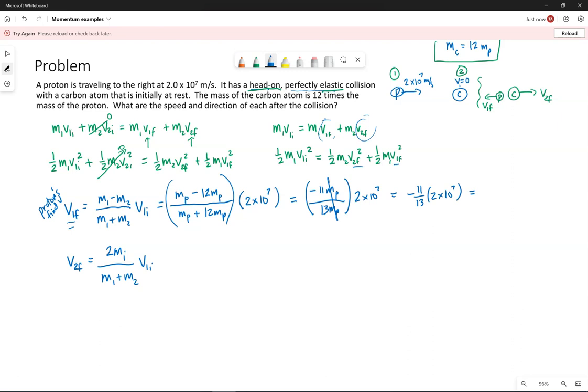So plugging this in, I'm not going to count my decimal places. Let me change my mode. So negative 1.69 times 10 to the 7th.